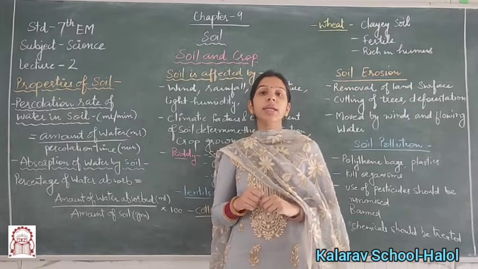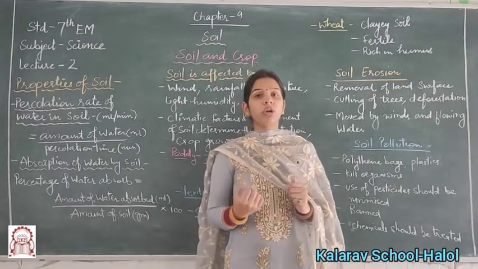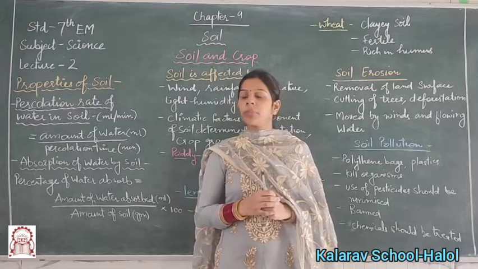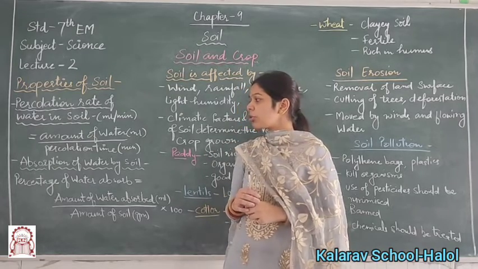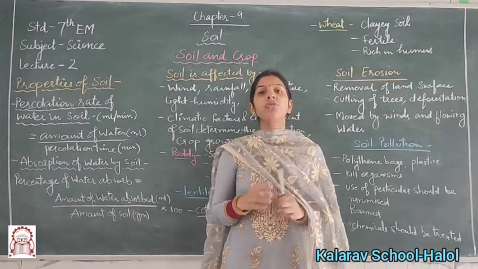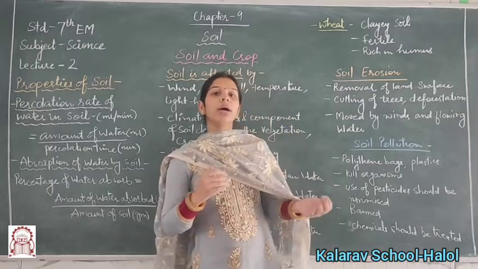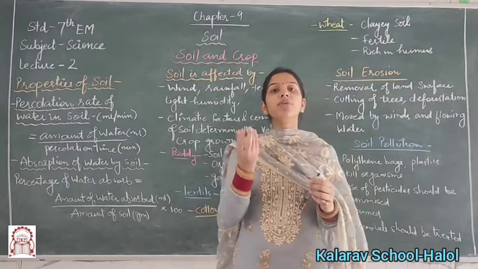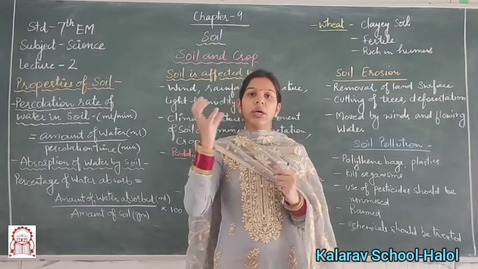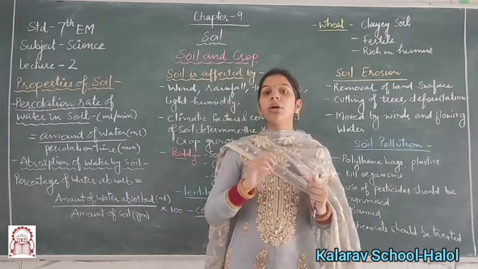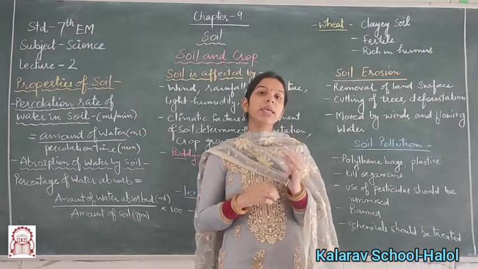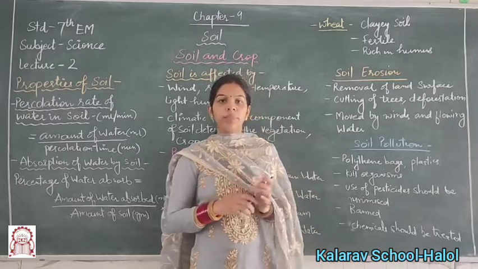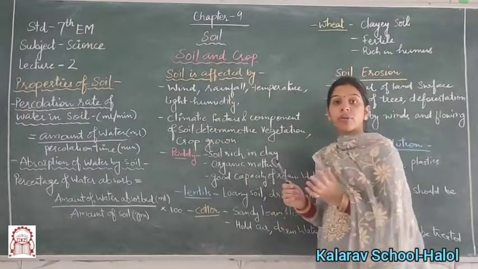So it depends upon how much water is absorbed by the soil. Next is absorption of water by the soil. We can calculate how much water is absorbed. If we take a few grams of soil and put some measured water in it, you can see a small amount of water is absorbed into the soil and a little is left.